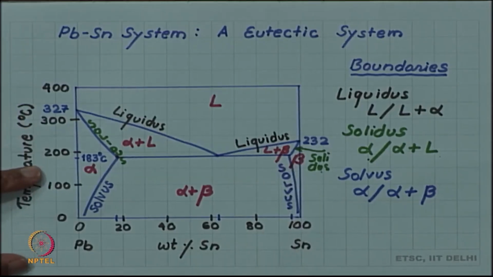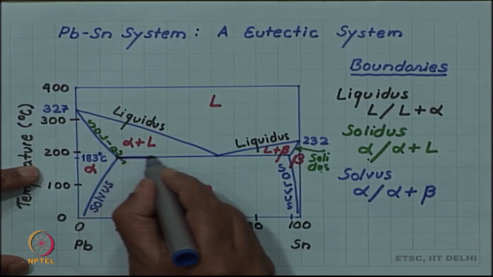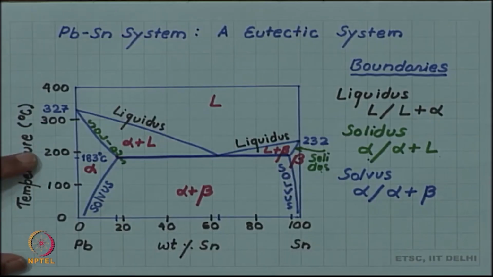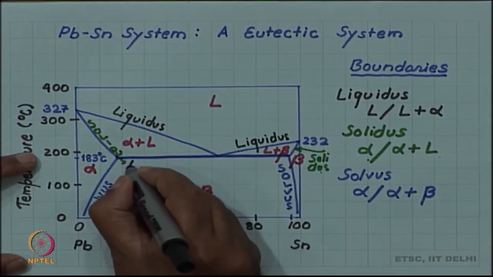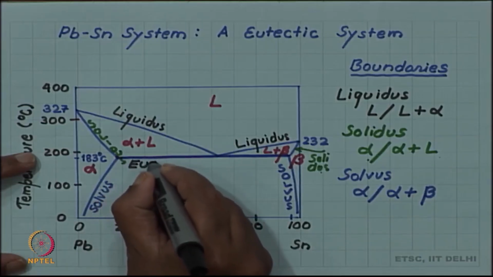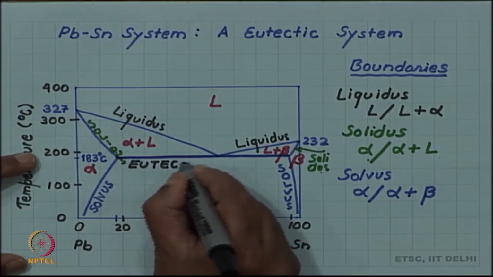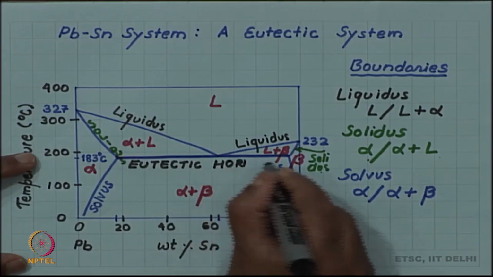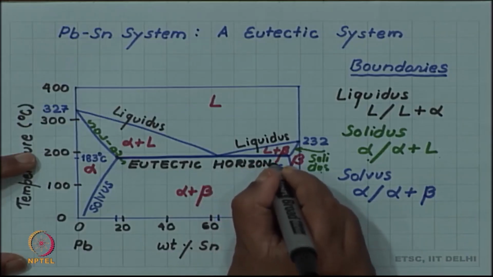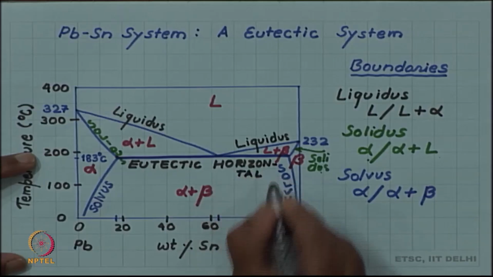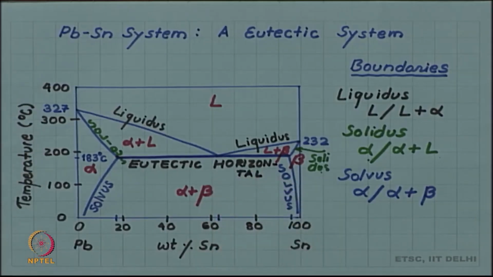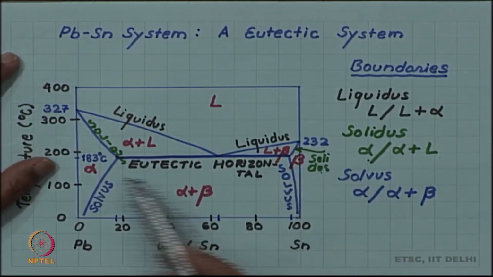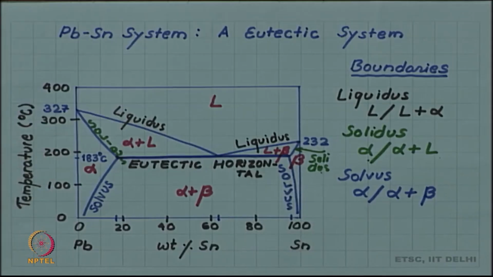Only one boundary is not yet labeled, and that is this horizontal line, which is a very important line in this diagram, and this we call the eutectic horizontal. So, you have liquidus, you have solidus, you have solvus, and you have the eutectic horizontal.